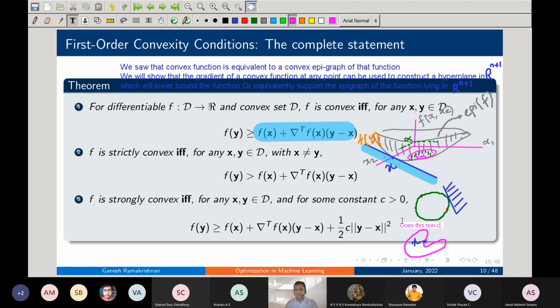Does this non-convex set have a supporting hyperplane at x? Would you like to answer? No, sir. It will cut across the set. Yeah, it's not going to be supporting, right? It's going to somewhere or the other just cut, as you pointed out. If I try and do this, it's cutting. There's no way, and it has to be supporting at x, which means it's almost touching x. You can't just draw a hyperplane like this and say it's supporting. That's not supporting, right?